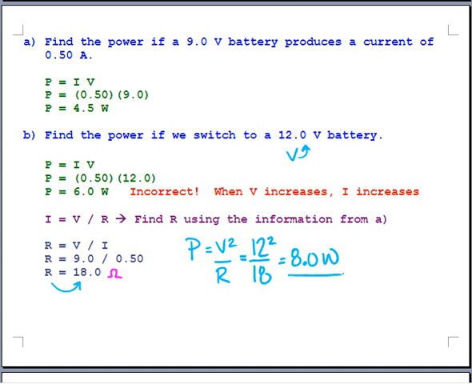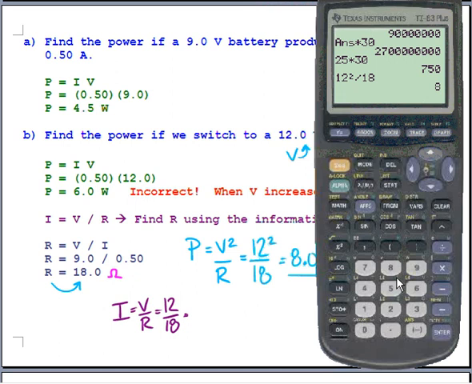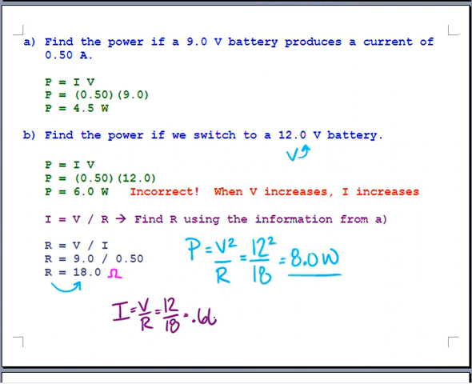Is that power. Now the other option, in case you wanted to do this, you could have gone and found what that new larger current was. I equals V over R. We bumped it up to a 12-volt battery over 18 ohms. So we had half an amp in that first part of the question, but now we're up to 0.667 A for amps.